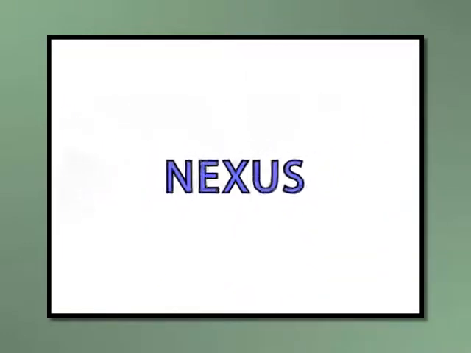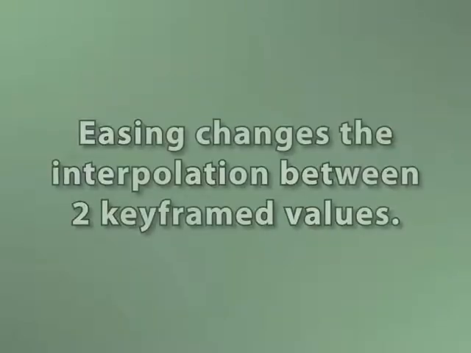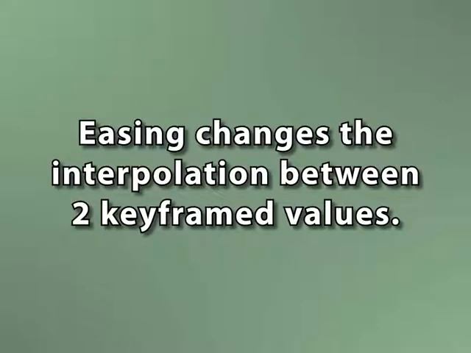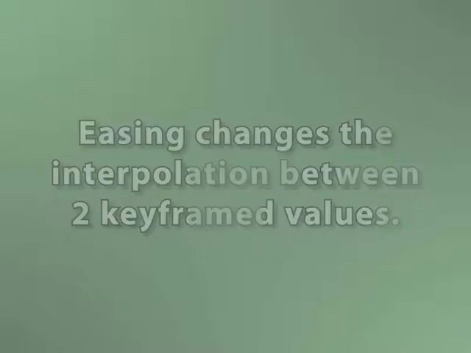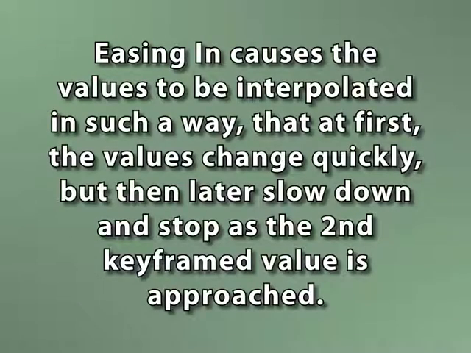Rather than easing scale, which we can't do, we're going to ease time. As I mentioned earlier, when we talk about easing into a value, what we're really talking about is interpolating the change between two keyframed values so that at first the values change quickly and then as we approach the second keyframe, the change of values slows and eventually stops smoothly.